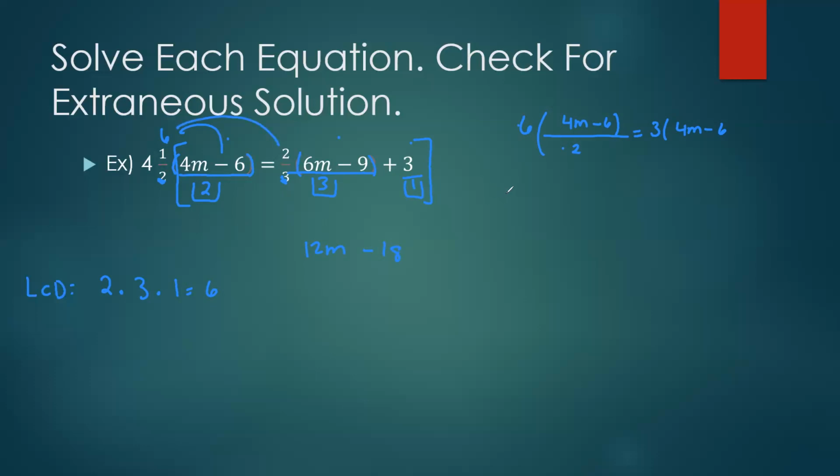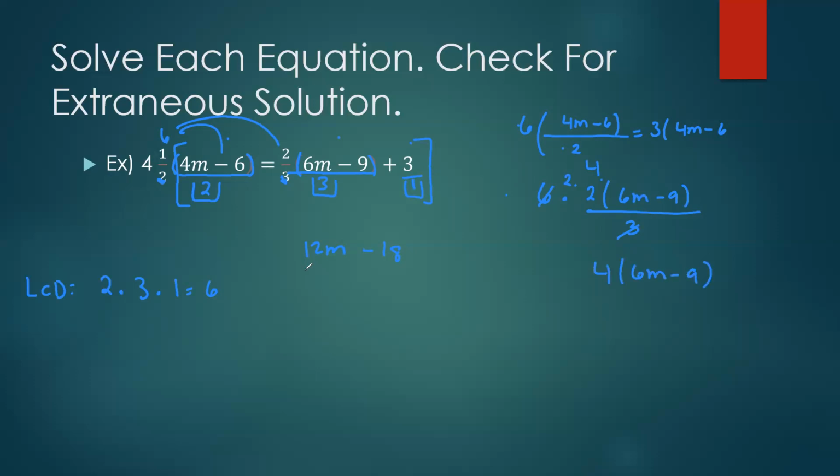Okay. And then do the same thing with the 6. So this is 2/3, so it's going to be 6 times 2, 6m minus 9 all over 3. So I know that 6 divided by 3 is 2. So you could just cancel. This becomes 2. So 2 times 2 is 4. So really it's just 4 times 6m minus 9.